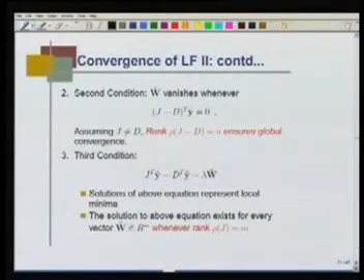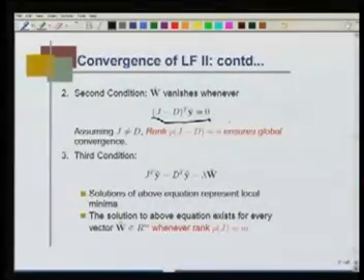Anyway, the most important thing is the convergence of LF2, which is again the same thing: this should not become 0. If this does not become 0, then it ensures global convergence, but we cannot guarantee that this cannot become 0. So, this can become 0; you can easily see that J transpose Y tilde is D transpose Y tilde.